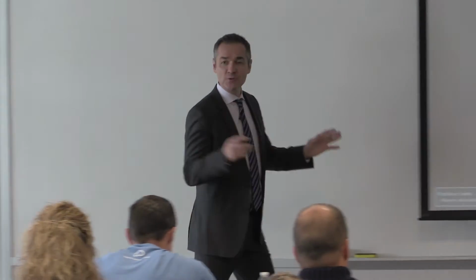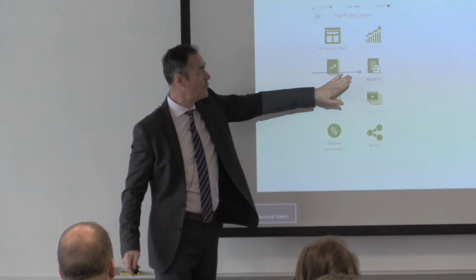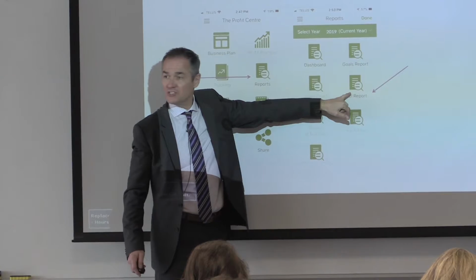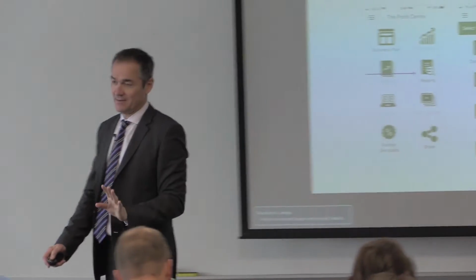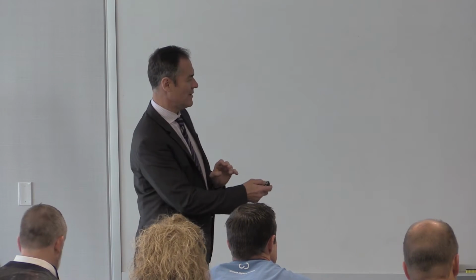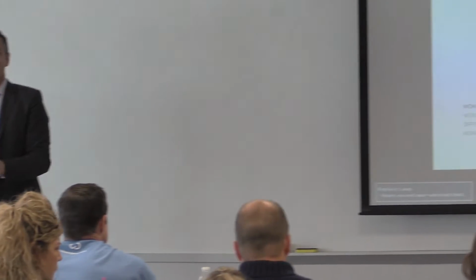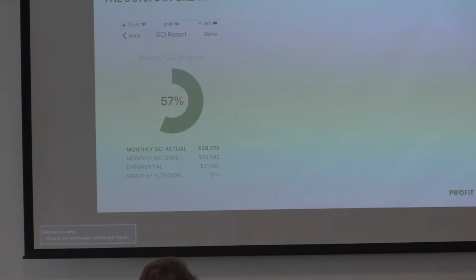Anyways, so for those of you that have that, if you go to your reports again, go back to reports, now make sure you choose 2019 and go to GCI report. You should see something like this, all right? So let me just show you. The first circle you're going to see is your closed gross commission income versus your goal.